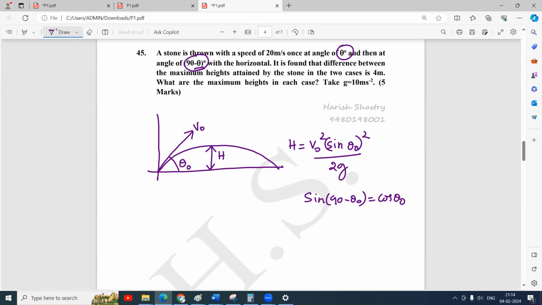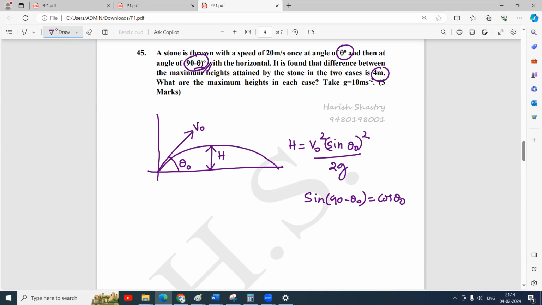It is a comparison type. When the angle is theta, the maximum height is h. And when the angle is 90 minus theta, the maximum height has a difference of 4 meters. That means if I take the first height as h, the next height can be taken as h minus 4 or h plus 4. Anyway, you can take it in any way, you will get the same answer finally. We will check both.